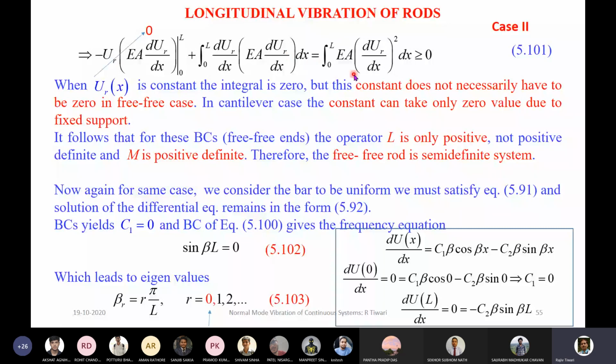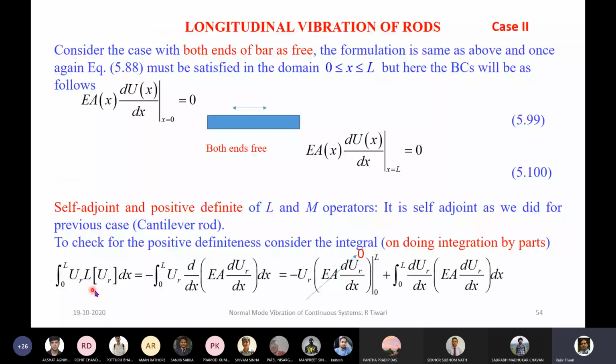So in that case, both are U_r. In the self-adjointness case, we took r and s, which anyway will be similar to the previous case, because we will get r here, s here, and we can check the L operator is self-adjoint. Here we are checking the positive definiteness, in which both eigenfunctions we are taking the same. So we got this as the square of this.